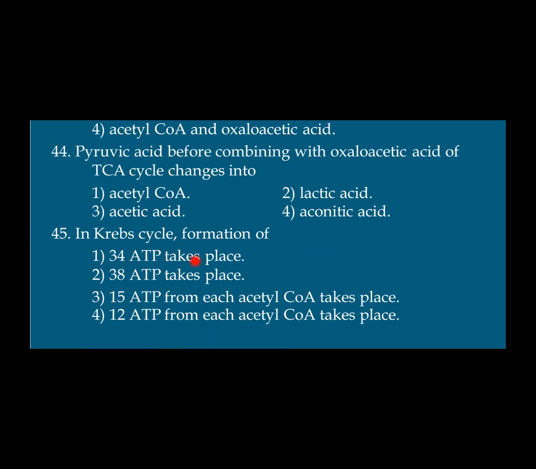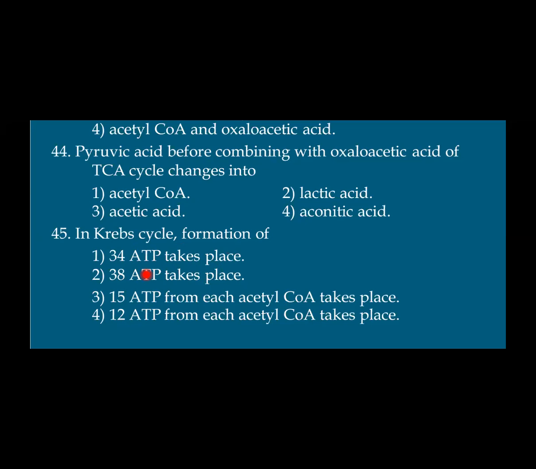In Krebs cycle, there is formation of, yes. Now this is an important question you have to understand. In Krebs cycle, formation of 34 ATP takes place, 38 ATPs, 15 ATPs from each acetyl-CoA, and 12 ATPs from each acetyl-CoA. So here you have to calculate and answer this. 34 ATP totally would be wrong, because the net gain from entire aerobic respiration is either 36 or 38 ATP molecules depending upon prokaryotes or eukaryotic cells.